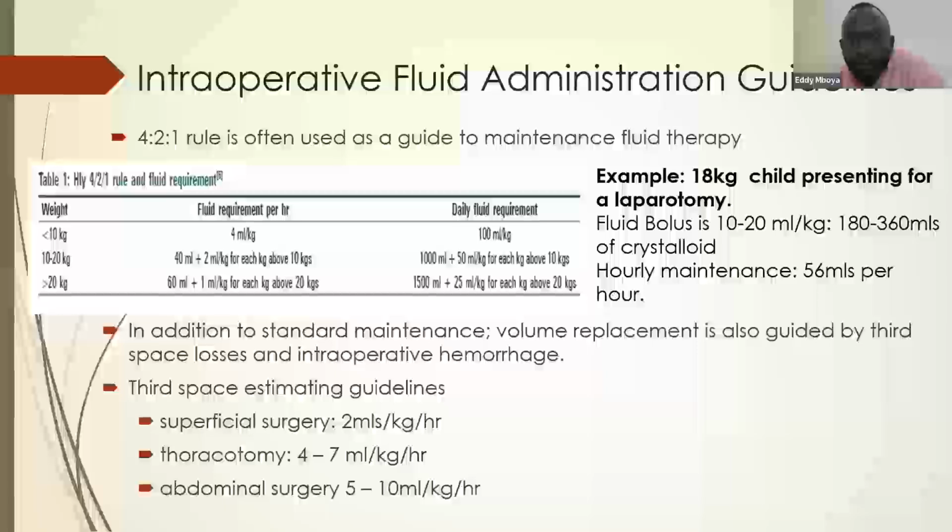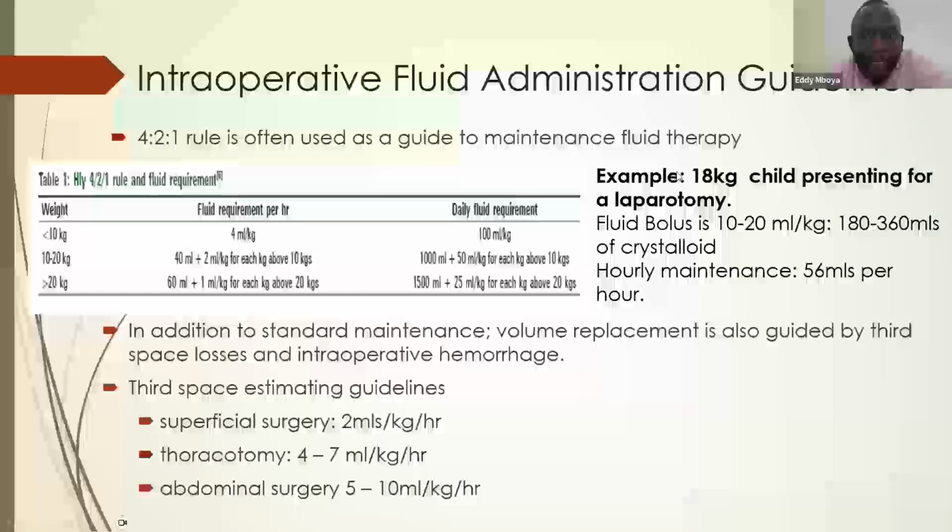Because I already talked about the issue of bolus, which is at 10 to 20 mils per kg, we have an example of a child who's 18 kgs. If we put this child on hourly maintenance, imagining we are not having any other extra losses, this child would probably be on something like 56 mils per hour.